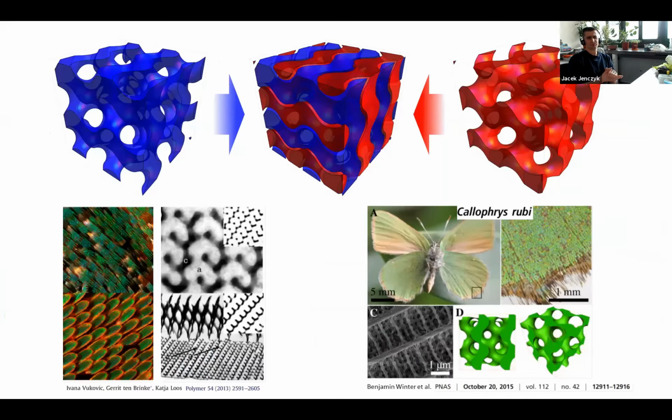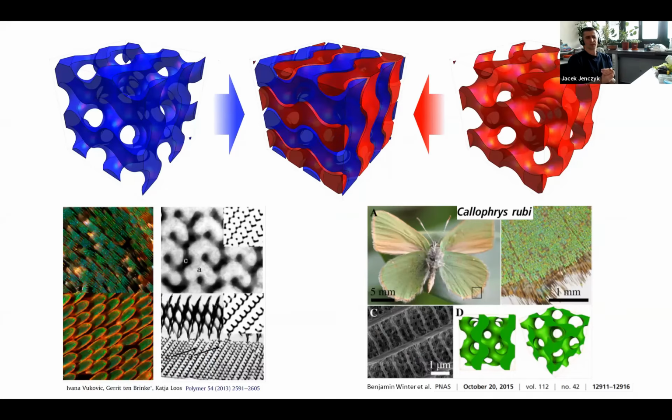So maybe for curiosity, this is a very nice example. I mentioned that this gyroidal structure was first observed in the case of diblock copolymers. They were able to develop this kind of beautiful structures.